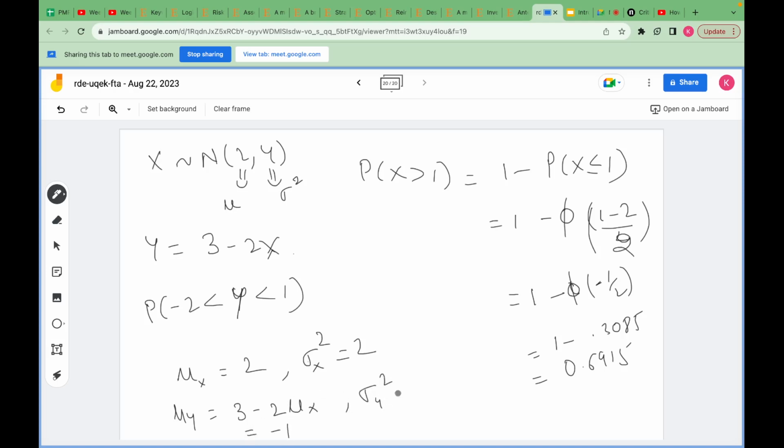Similarly, sigma y square for the function 3 minus 2x will be given by 4 sigma x square. Sigma x square is 4, so this is 16. So we can say that y is normally distributed with mean minus 1 and variance 16.